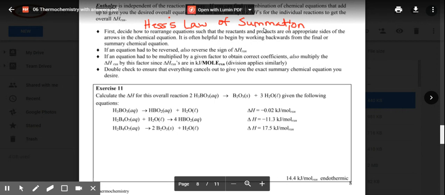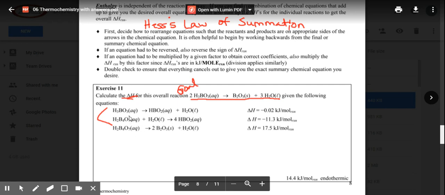Basically, how I know to use Hess's law of summation is they will always give me some sort of goal equation. So this is the equation that I'm trying to figure out the delta H for. In addition to your goal equation, I am also given several other different equations with delta H values. Basically, you have to use all of these equations and rearrange them.